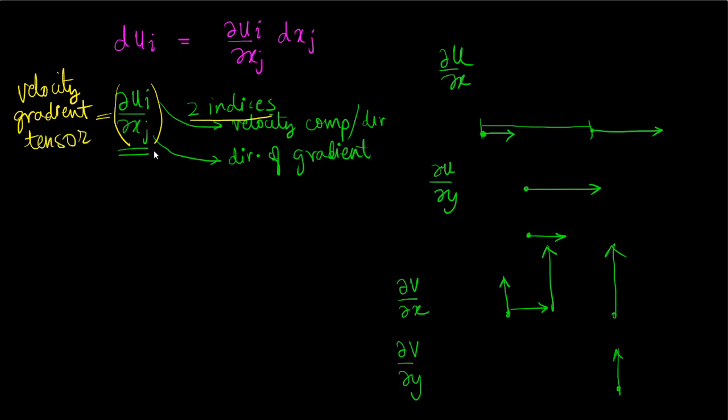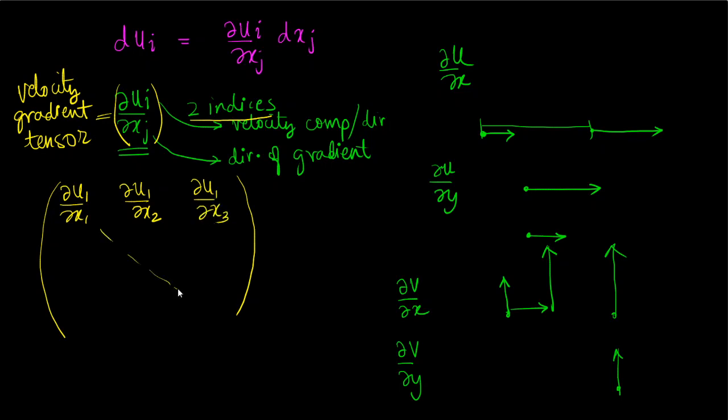If I write it down in matrix form, this will be del u1 del x1, del u1 del x2, del u1 del x3, and you get the idea. So this component will be del u3 del x3. I can write this entity in this kind of matrix form as well.